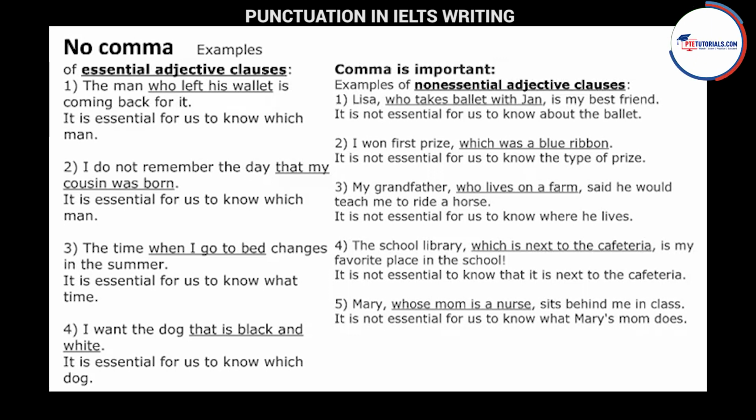But when you find the same, you can come to the right side and read the first example of a non-essential adjective clause. Lisa is my best friend. Finished, right? Lisa is my best friend. Now, non-essential means, for example, if I'm not using these underlined words, does it make sense to me?